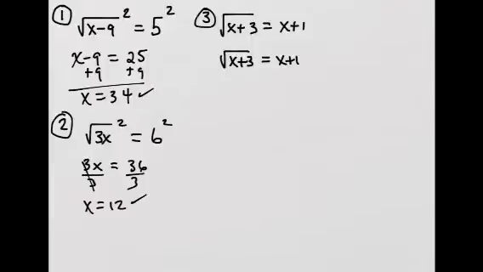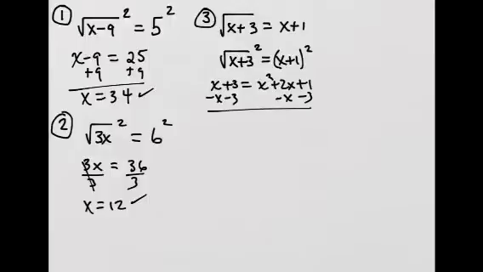Okay, so we're going to square both sides. On the left side, you put a square right there. On the right side, just remember, because there are two terms, make sure you put parentheses and then square it. So now on the left, you get x plus 3. On the right, you get x squared plus 2x plus 1. Subtract x and 3 from both sides.